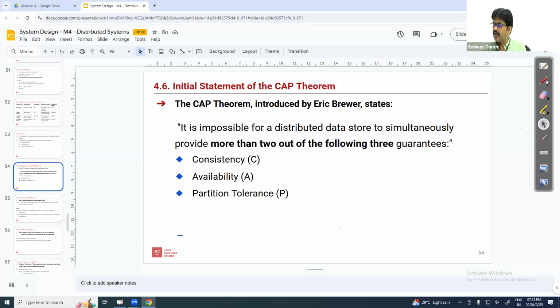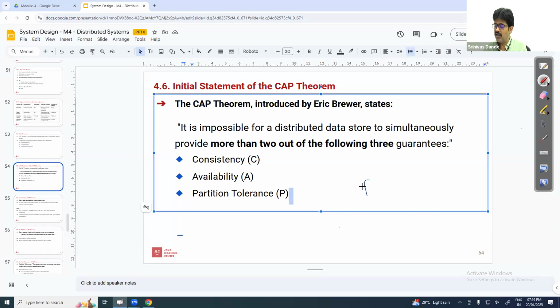P should be there. You consider that partitions may occur between the nodes. Then we can't get more than 2, you can get 2 only. So P you are already considering, then you have to choose either C or A. So either you will get CP or AP. Right?